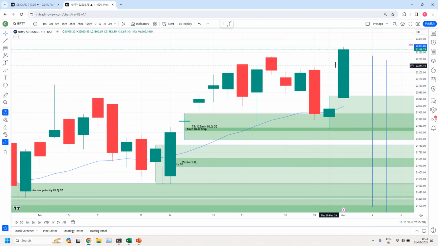But anyway, identifying the market direction towards the up direction is now very difficult because we won't have any price action closer at the all-time high. Below that we can identify the zones, but how far it will go and how much more the market will reach during next week, we cannot predict those values.